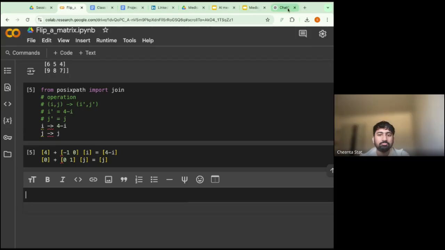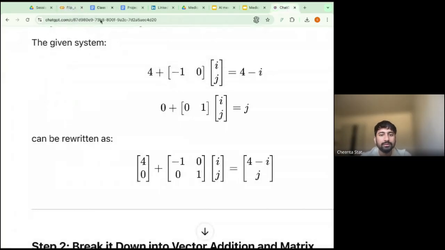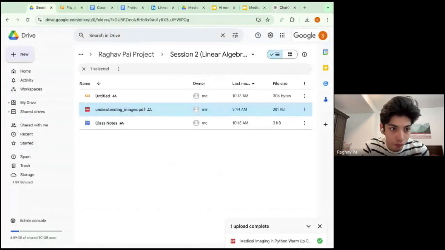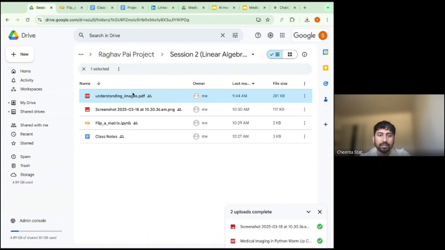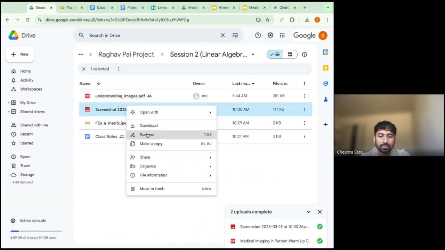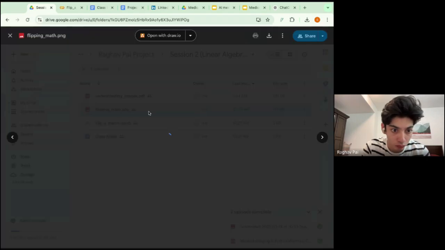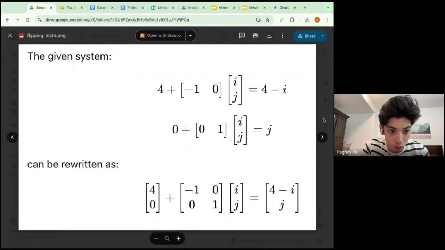Anyways, I will upload this picture here. So you learn about matrix multiplication well, okay? And you understood about flipping. Great. Very good.